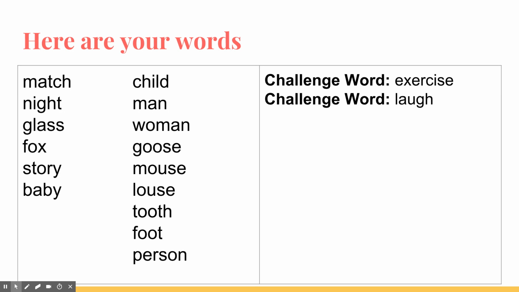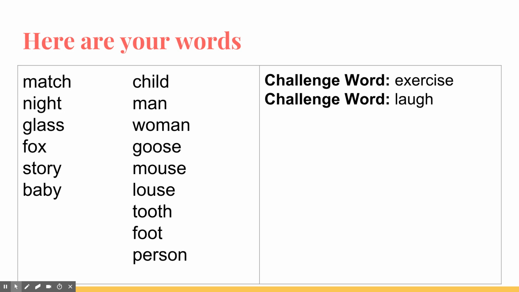The regulars are match, night, glass, fox, story, and baby. And then for the plurals for those, they would be matches, nights, glasses, foxes, stories, and babies. For the irregular plurals, we have root words.